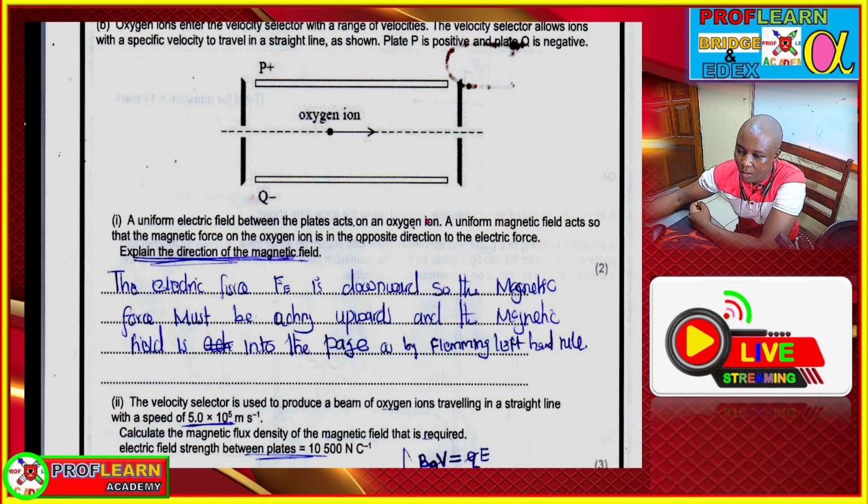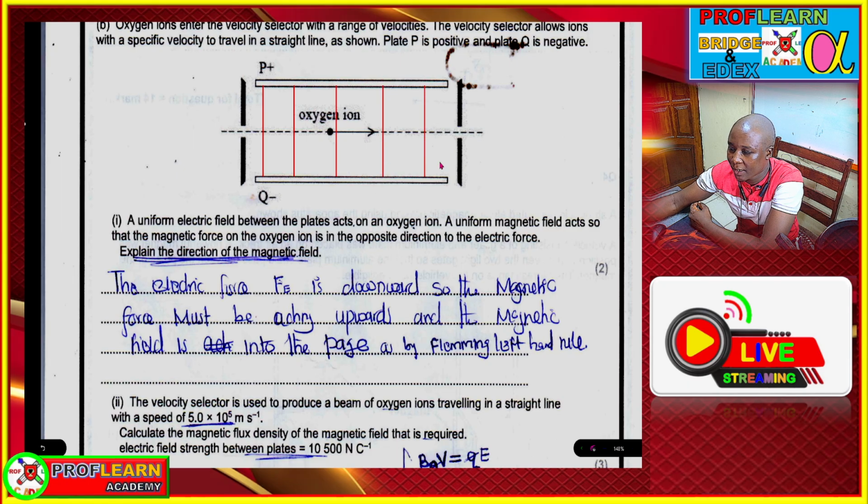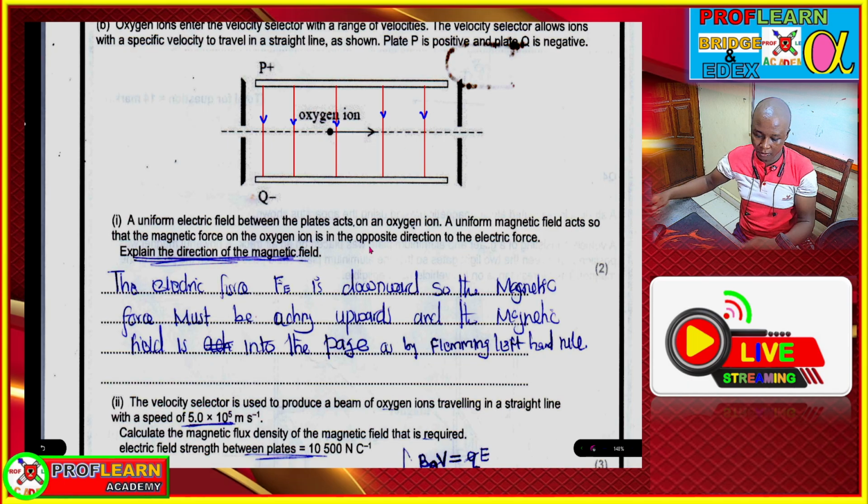Okay, if we are talking of a positively charged oxygen ion, which means that within these plates we are going to have electric fields, and these electric fields will be acting in which direction? The electric fields will be acting downwards like that. So those are the electric fields within that particular region.